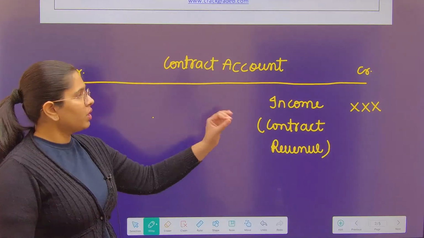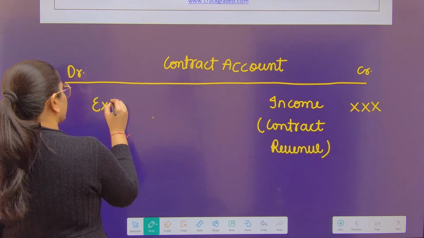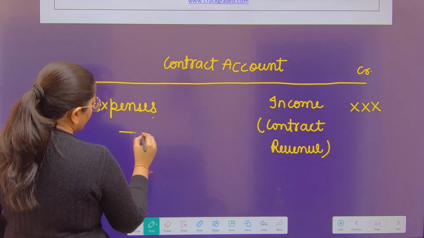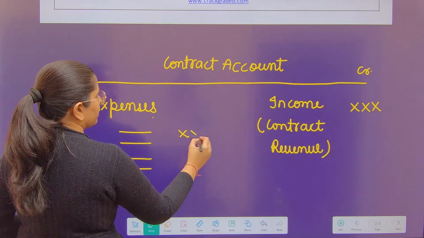Now, in order to earn this particular revenue, what are the expenses that you need to incur? All the expenses will be written by you like this.